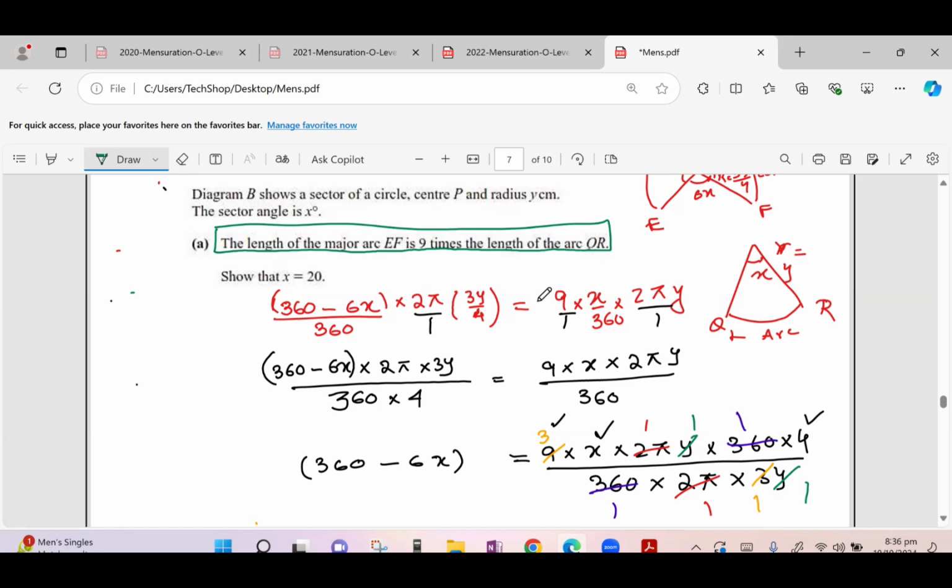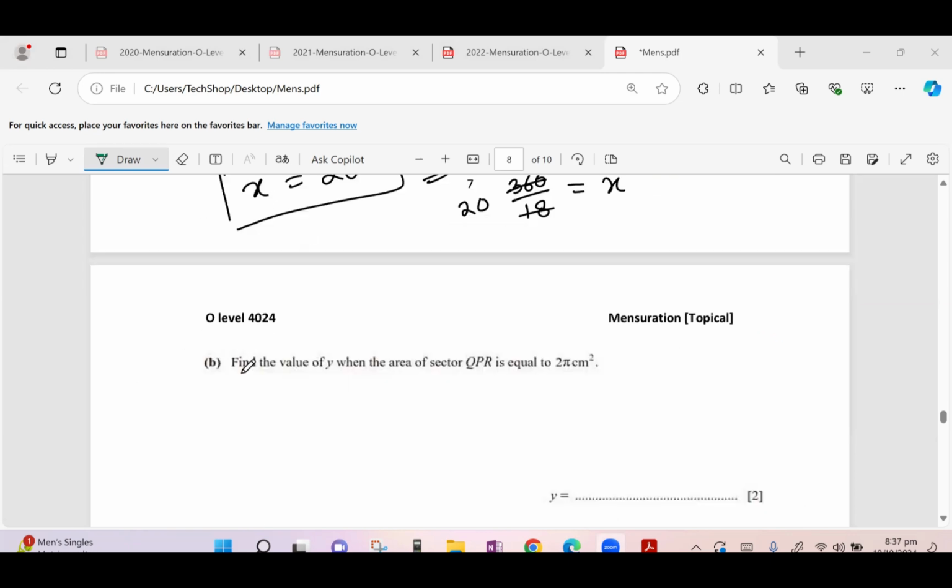"Is" means equal to sign. I put the equal to sign for "is". 9 times means multiply by the formula for arc QR, which is theta over 360 into 2 pi R. Clear or not? This is the continuation of this question, part B.